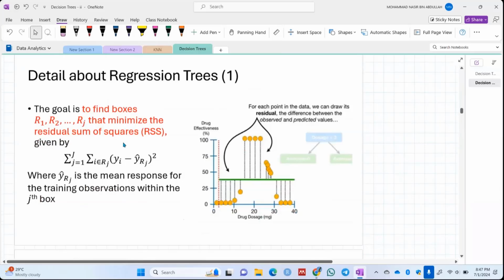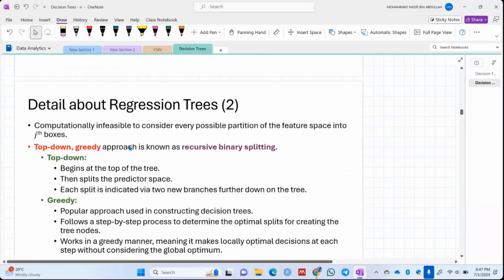That one is going to be our ultimate value for prediction.